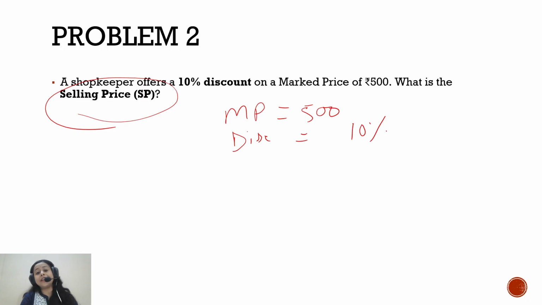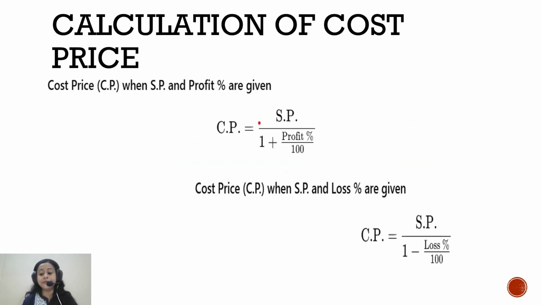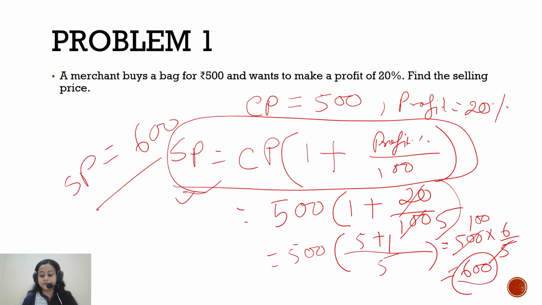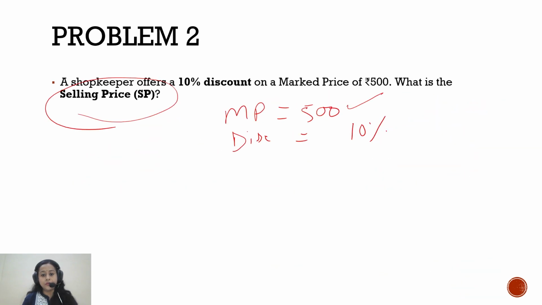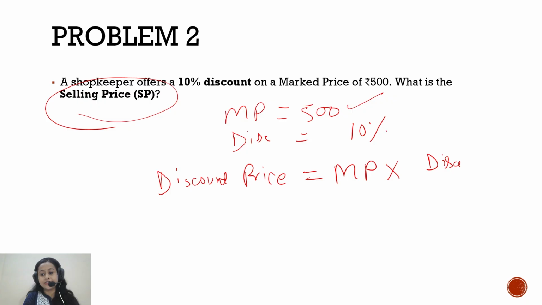Now, in order to find the selling price, since the marked price is given, we first have to find the discounted price. After discount, what is the price, and what is the formula for that? The formula for discount price is marked price into discount percentage by 100. Please write down this formula.